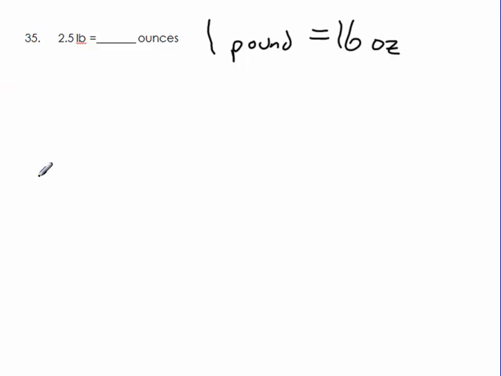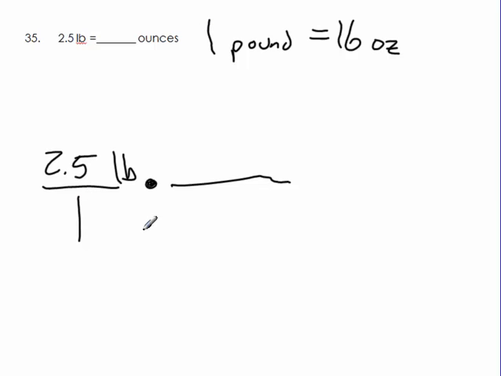Now when we convert units, this is a fraction times a fraction. I was given 2.5 pounds. Do I have anything else that goes with this? No, this isn't pounds per minute. This is just 2.5 pounds, so I'm just going to leave a 1 in my denominator.